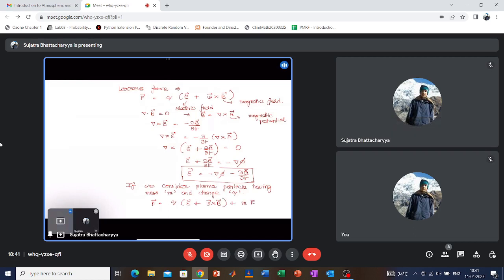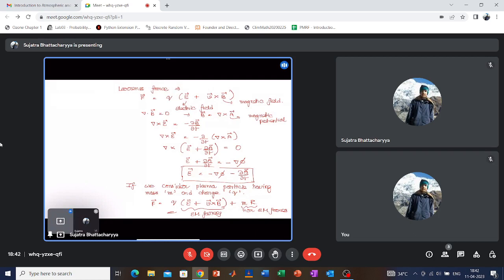So these are the non-electromagnetic forces, like gravity or all those things, and this is the electromagnetic forces. Mostly we will discuss this particular thing.